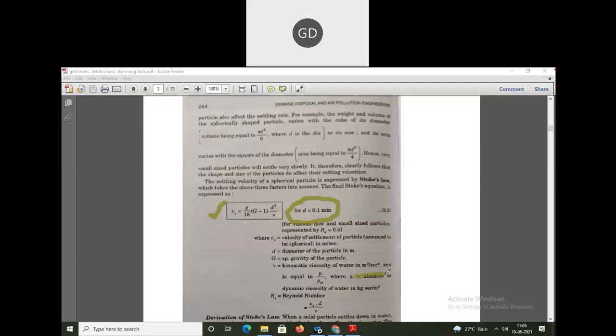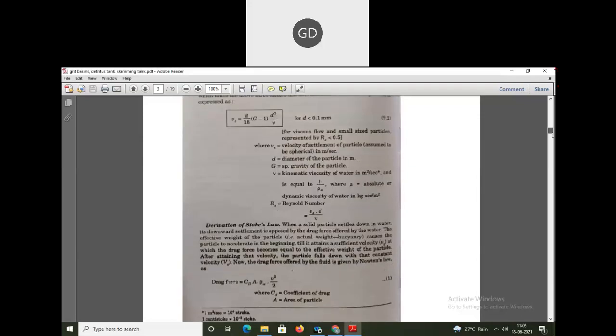Then comes Re, the Reynolds number. Basically, this equation is given by Stokes law, and it applies when the particle size d is less than 0.1 mm. So it is an expression of the settling velocity. Derivation is not needed.